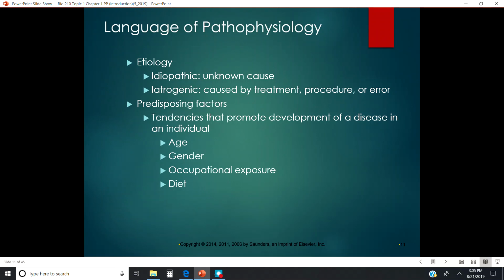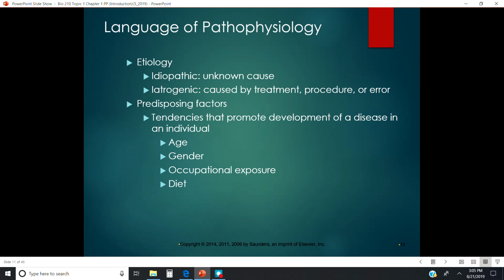Gender, right? Females get certain diseases that males don't get. Females get autoimmune diseases a bit more than males. Occupational exposure, right? If somebody's at work and they're exposed to different chemicals and different irritants, they're more likely to have these problems. These would be predisposing factors.